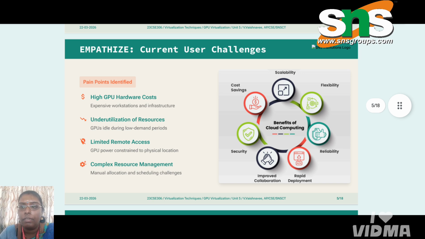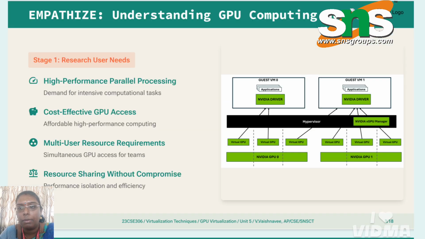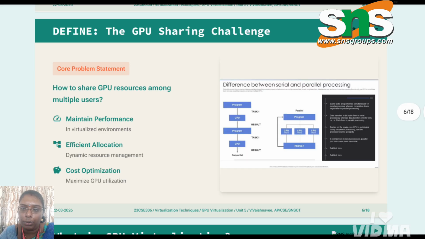So the needs are high performance parallel processing, cost effective access, multiple user support, and efficient resource sharing. Let's consider a real-time analogy: think of a college bus. Instead of one student using one bus, many students share the same bus. Similarly, many users share one GPU.